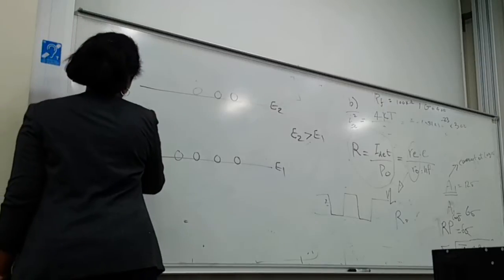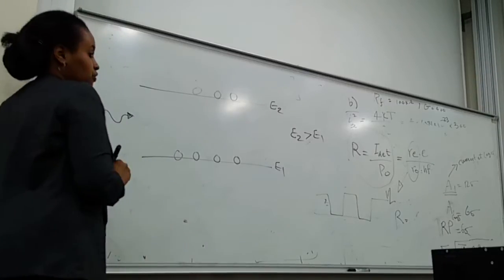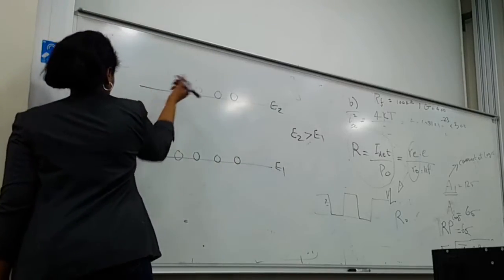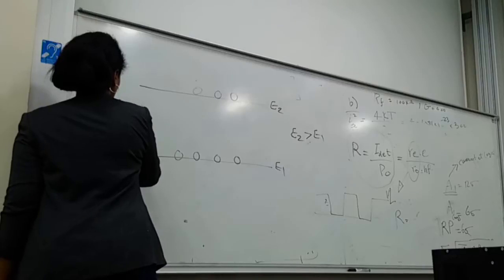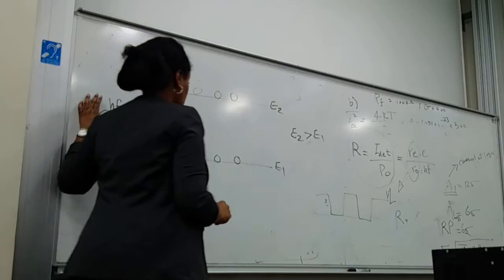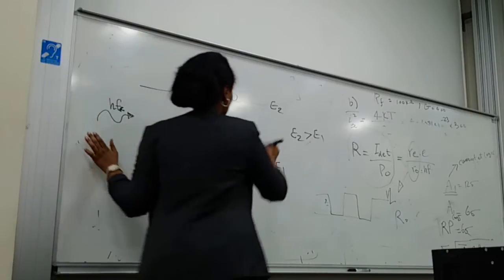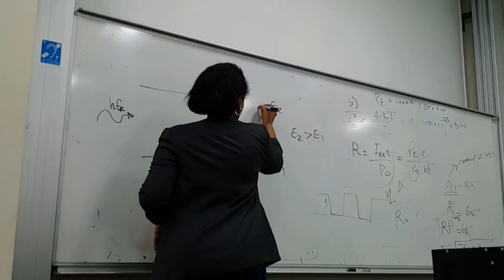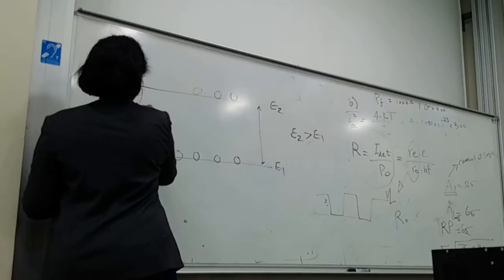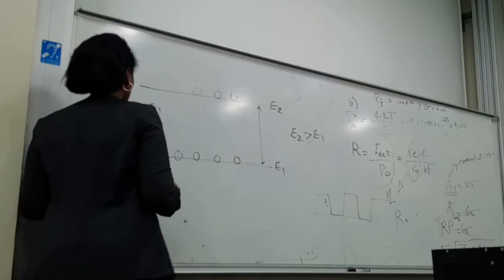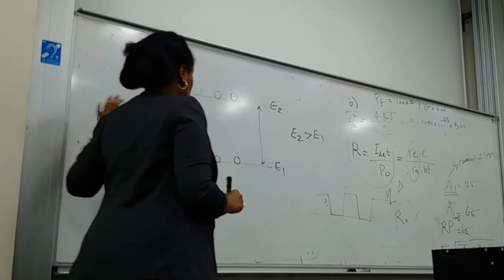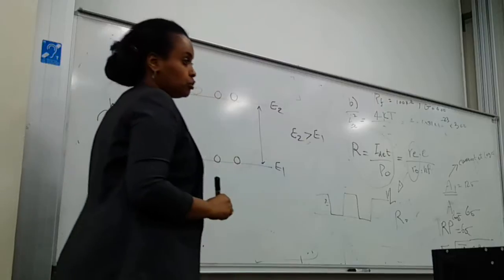If we have an incident electromagnetic field whose energy is equivalent to the energy difference between E2 and E1, this electromagnetic field will induce transitions between E1 and E2.